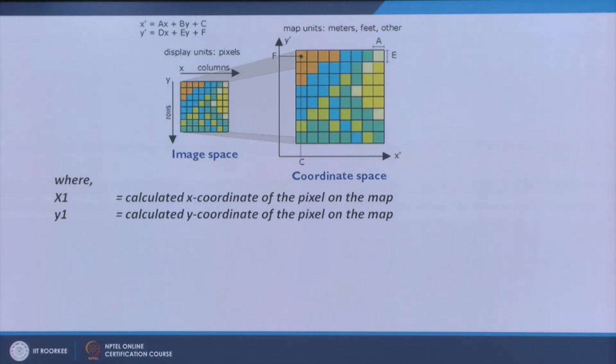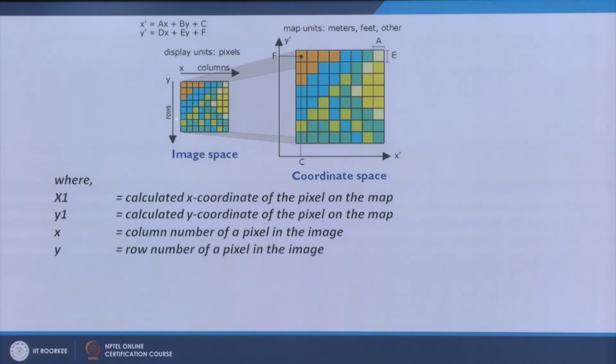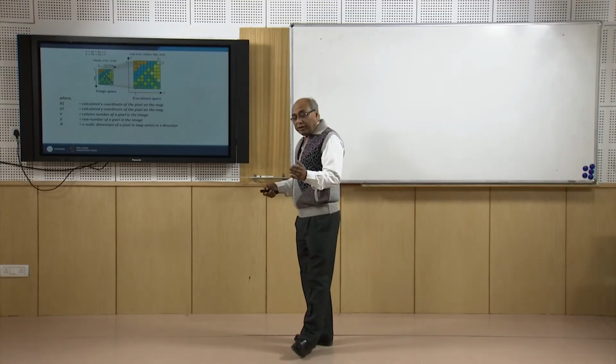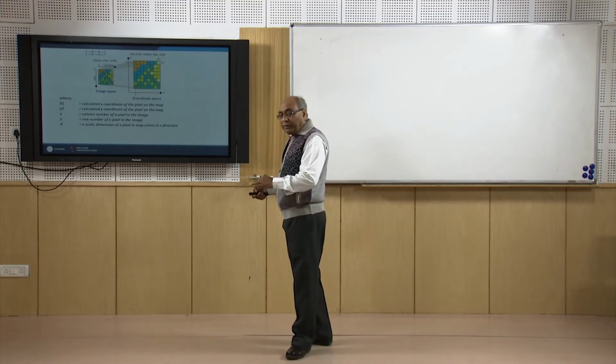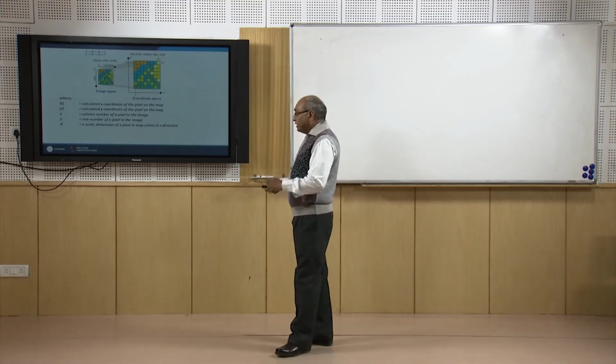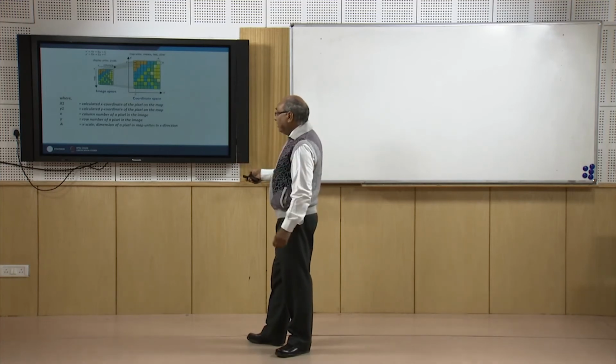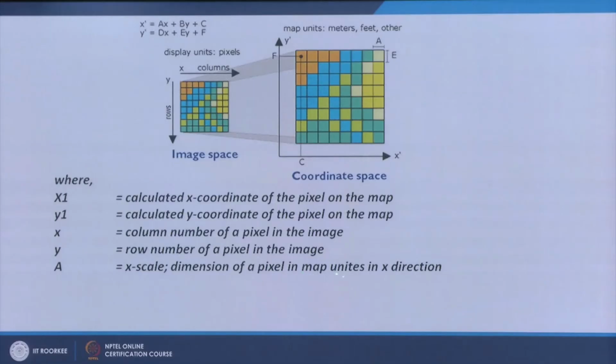Then x and y are the column and row number of my input image, and these are of my target map. The second order polynomial allows me not only to transform from the geometric domain to the geographic, but also to change scale. So in my equation I have A, the scale dimension of a pixel in map units in the x direction.